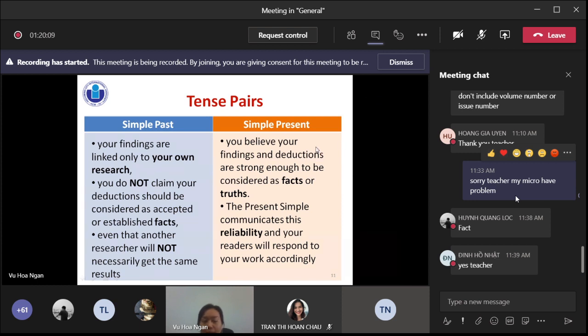So again, it depends on what tense you use; you imply different things. That's why if you use simple present tense, as I said earlier, people may doubt because you are so sure. If you are so sure, people may doubt your statement, your findings. They may say your finding is not the whole truth. So that's why most of the time you need to cite, back up, and support your statements.